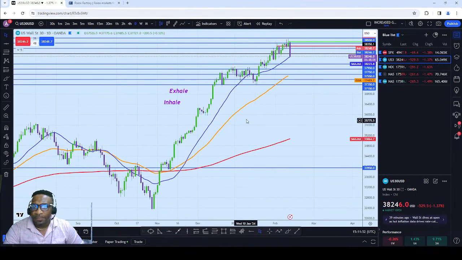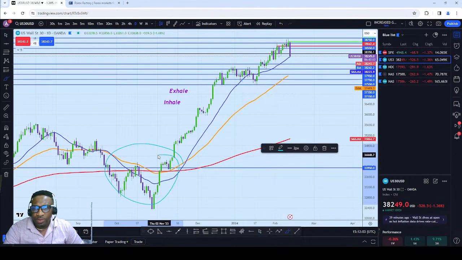So this is US 30 in its wide state. This was the narrow state. This is the daily time frame. This was the narrow state. So from the narrow state, it's moved to wide state.